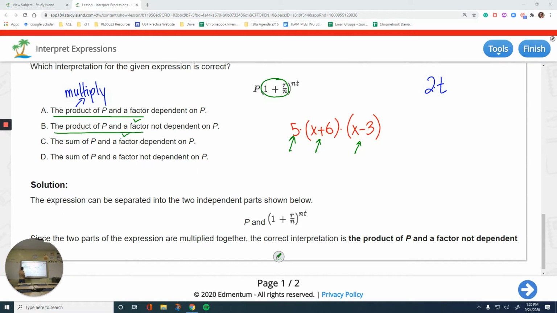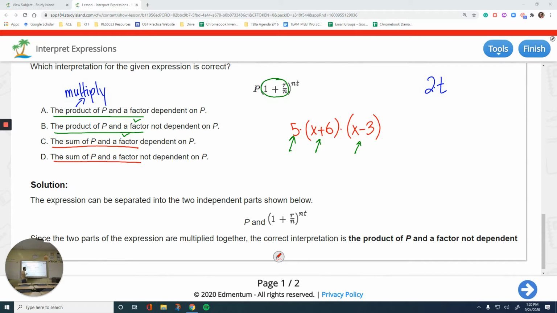Okay, the sum of p and the factor. I will talk about those two later on. Let's just focus on this part. What do C and D mean? Because they start with the same phrase, the sum of p and the factor. Let me show you how the sum of p and the factor would look.